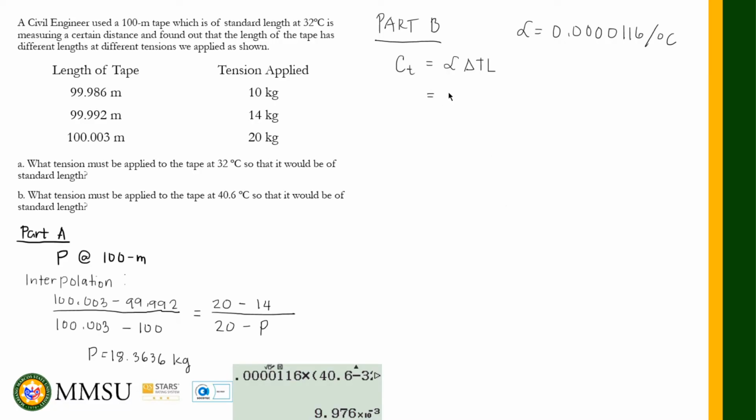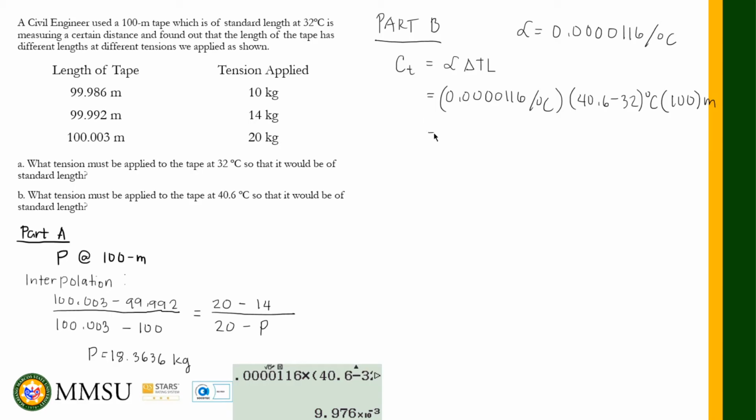The change in temperature is the difference between the two, 40.6 minus 32 degrees Celsius, and the nominal length of the tape is 100 meters.